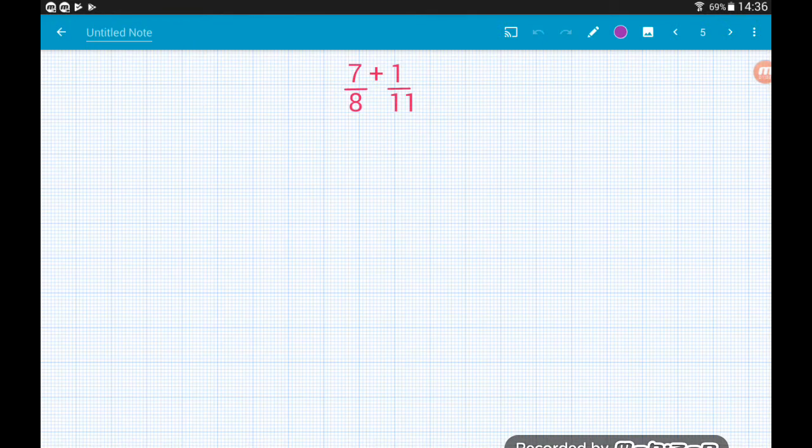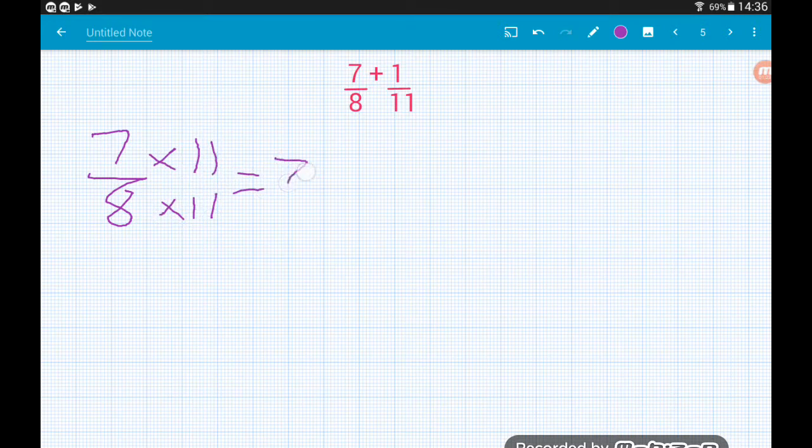Okay, 7/8 add 1/11. So the lowest common multiple of 8 and 11 is going to be 88. So we're going to need to multiply 7/8 top and bottom by 11. And then that's going to give us 77 over 88.